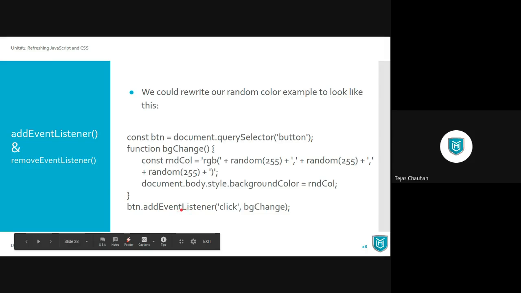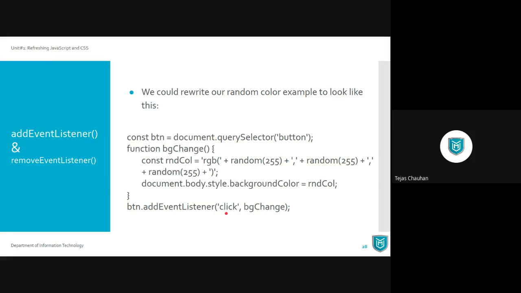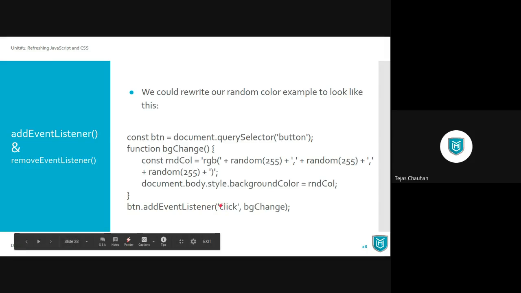Now this function requires two parameters. The first one is the event, which event you want to go for, whether it is click, dblclick, focus, blur, mouseover, mouseout, whichever event you want to bind here. So the first parameter is the event, and the second parameter is the event handler code.